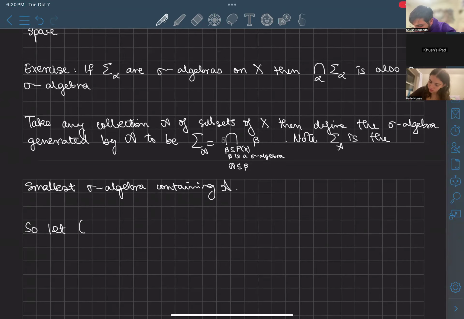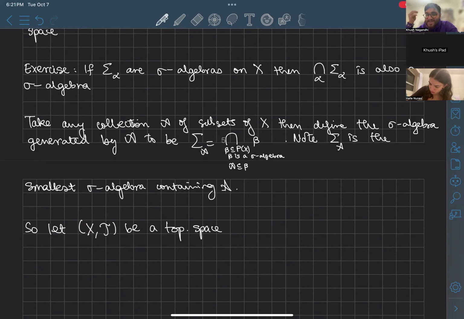So let X, T be a topological space. Okay. Now what we're going to do is we're going to say that the open sets in X are measurable. Okay.